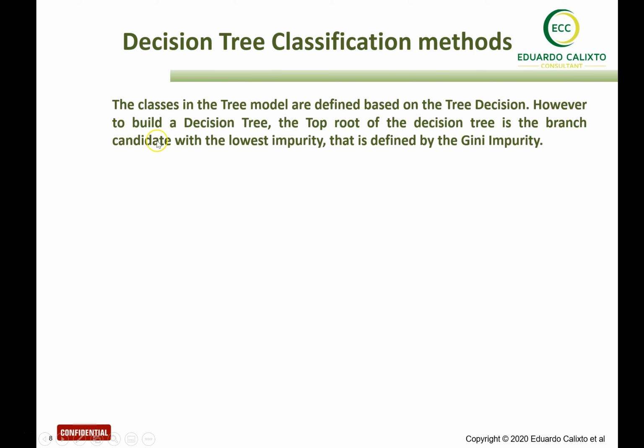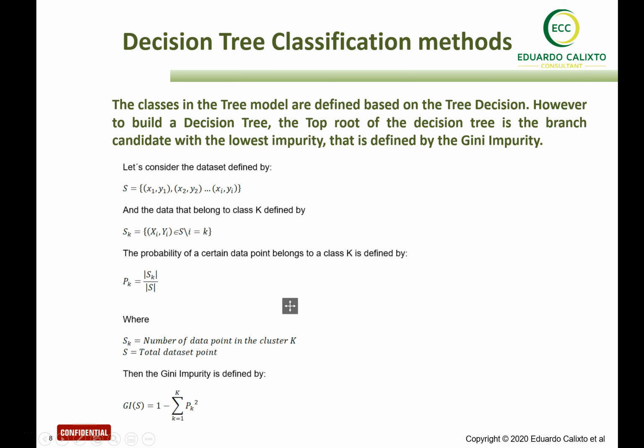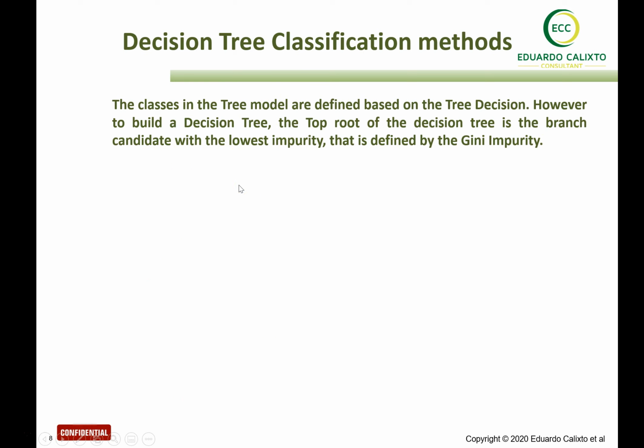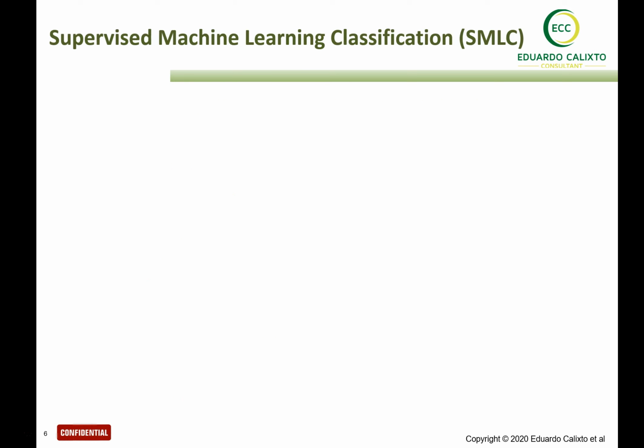We need to check which of the candidate top roots of the decision tree branch has the lowest impurity. In the end, the one with the lowest impurity is the one that splits the data into the classes better. So how do we calculate the Gini impurity? Let's consider that we have a space with several points, as we define here in this picture.